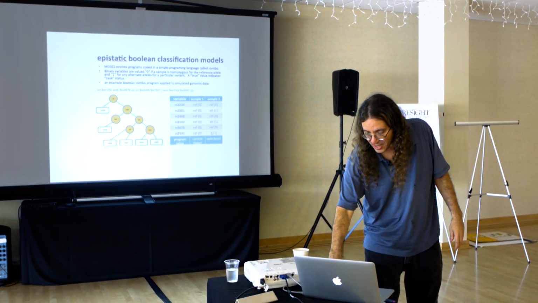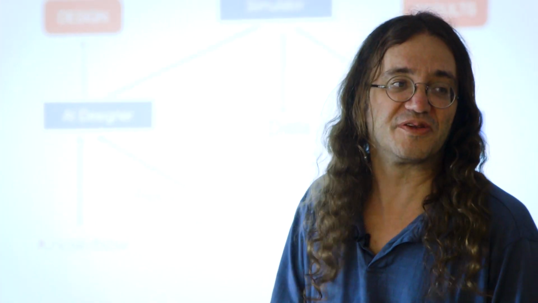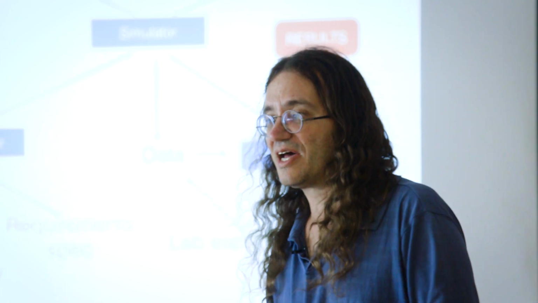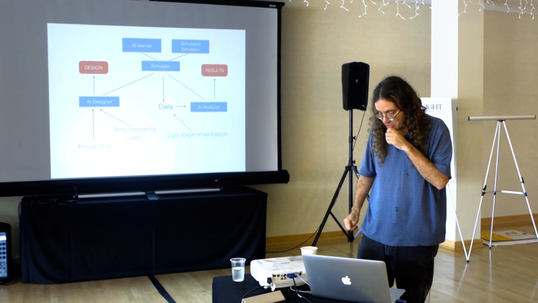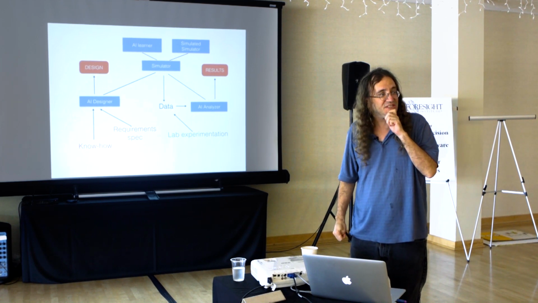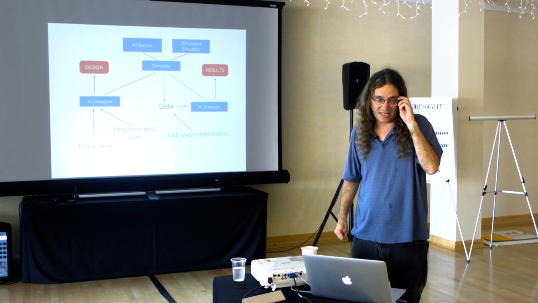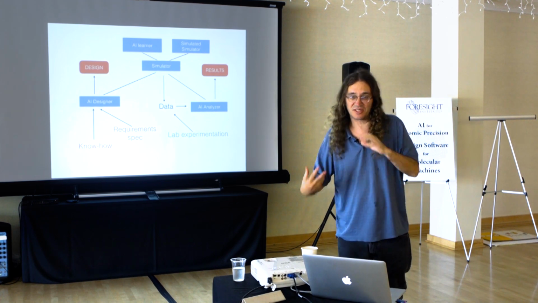So having applied AI in a bunch of different practical domains, as well as working toward the longer-term goal of artificial general intelligence, of making AIs that can really think like people, it often occurred to me that it would be interesting to apply AI in the domain of nanoscale design.